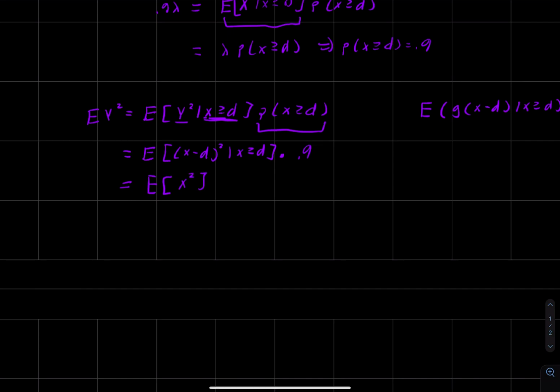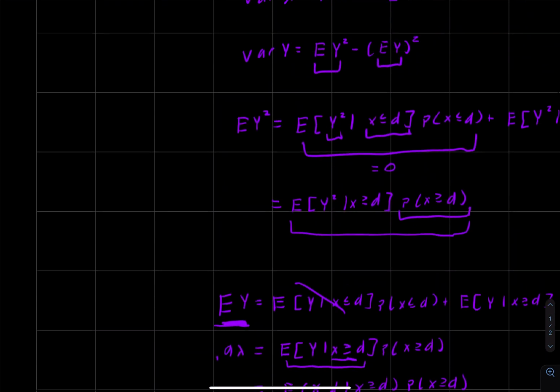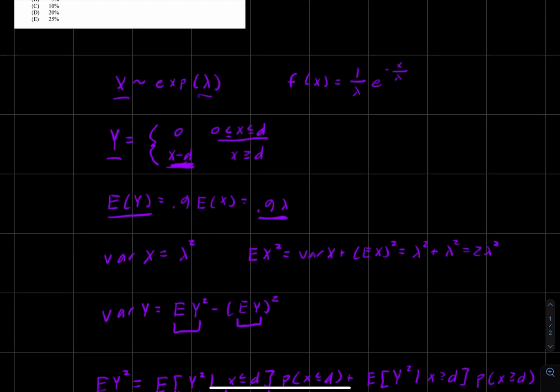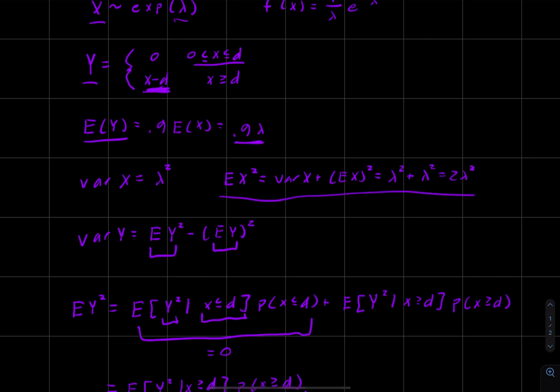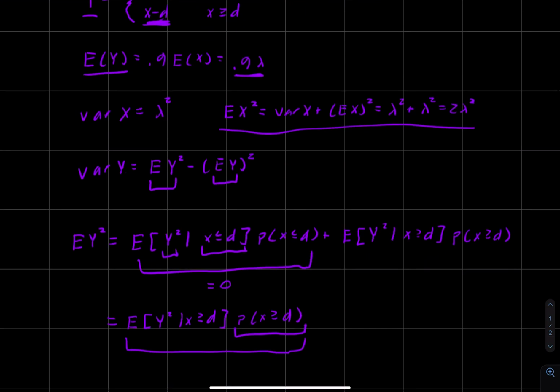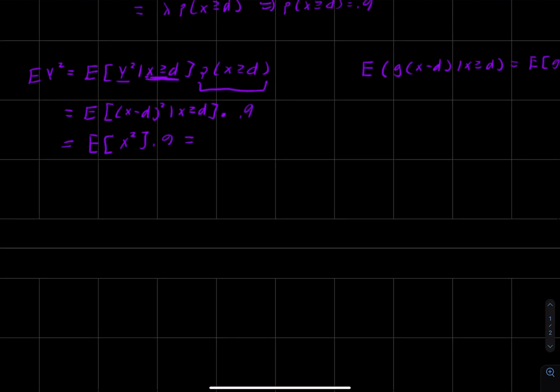And oh wait, we know that already. We figured that out already, E of X squared up here, when we were getting it for free. It's 2 lambda squared. So this is the same thing as 0.9 times 2 lambda squared, or 1.8 lambda squared.